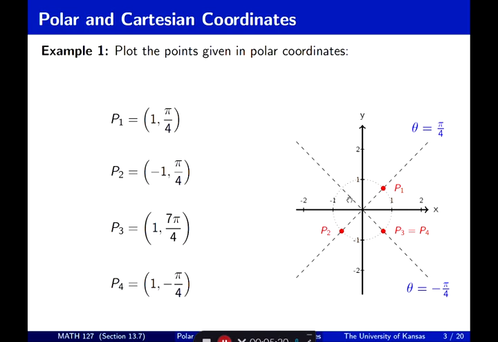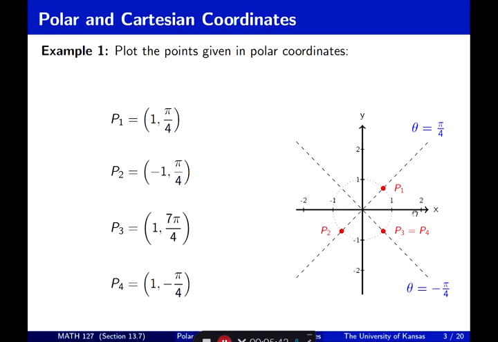I talked about rays that signify theta, and circles that signify the radius of the point. These make the polar grid on your plane.